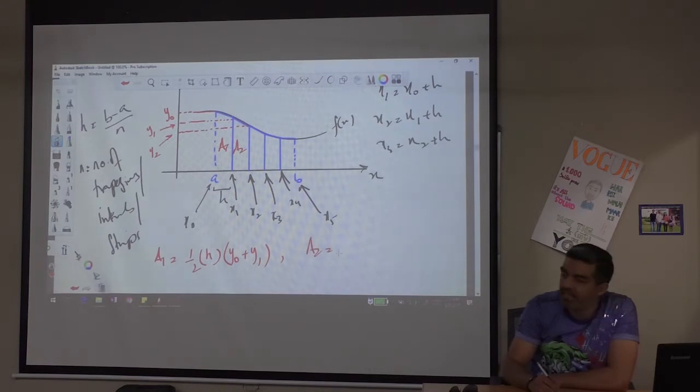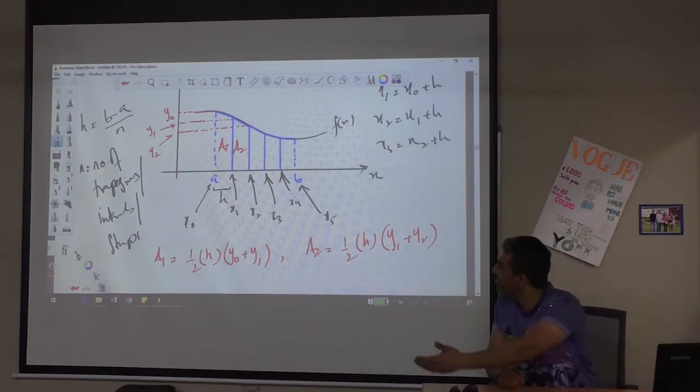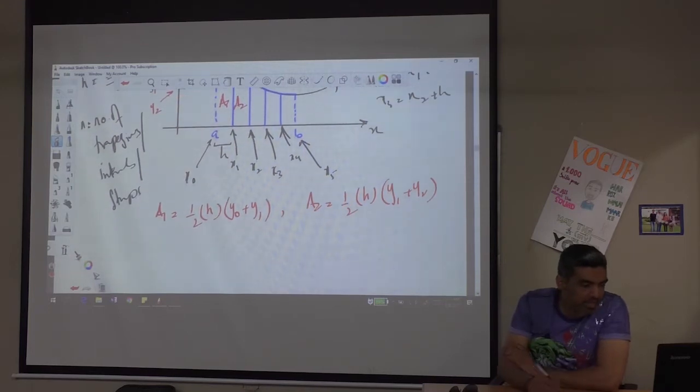Next area a2, half same height, y1 plus, and then similarly I'll find a3, a4, and then a5. So the total area approximately would be a1 plus a2 plus a3 plus a4 plus a5.